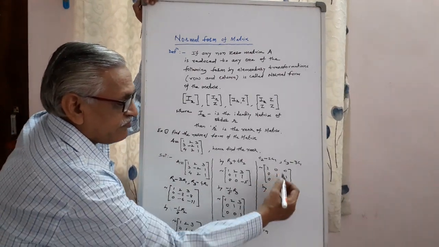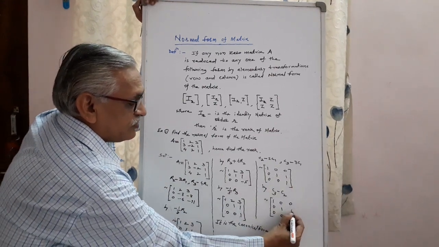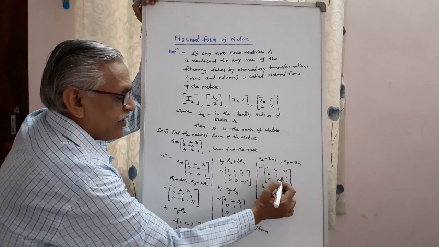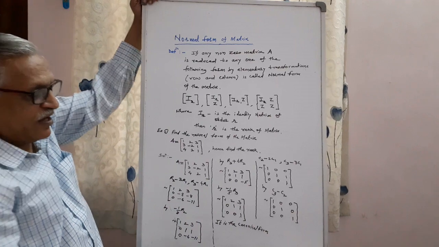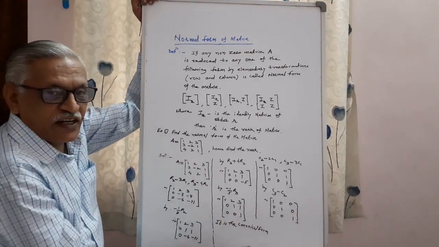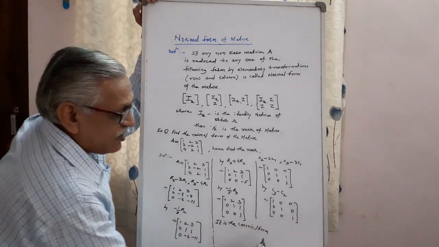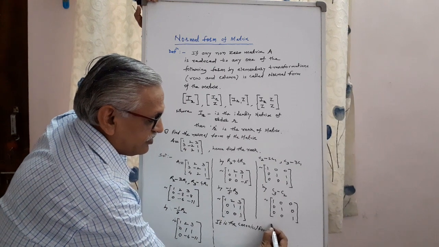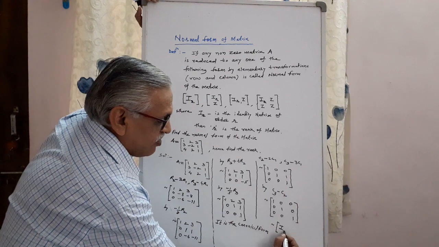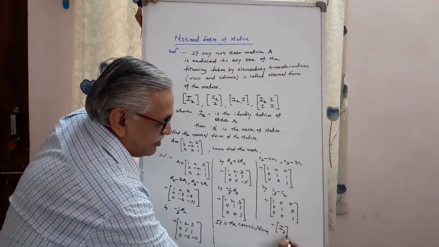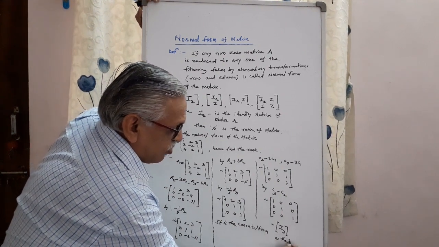Third changes: 0 minus 0 is 0, 1 minus 1 is 0, and 1 minus 0 is 1. Therefore here we get the identity matrix of order 3. That is the normal form, and in symbolic form it is the identity matrix of order 3 as the normal form.